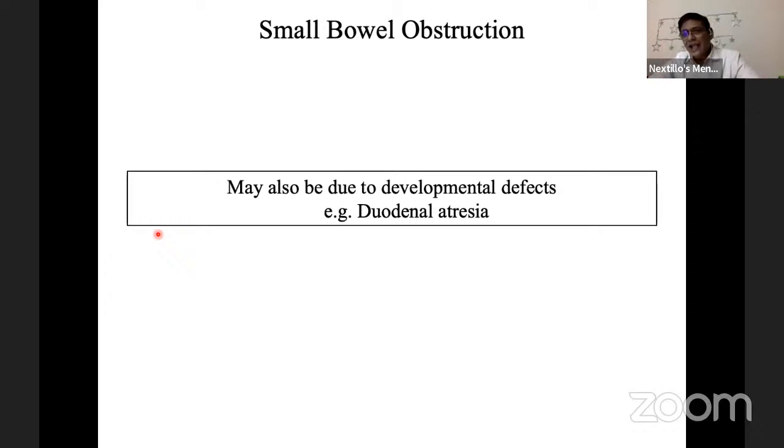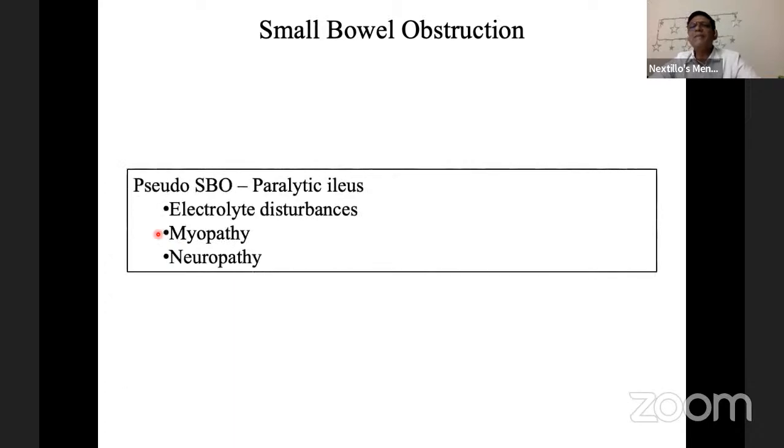The adynamic or the non-mechanical causes, that is the paralytic ileus or the pseudo small bowel obstruction that we have, is due to electrolyte disturbances. It may be due to myopathies. It may be due to different types of neuropathies.